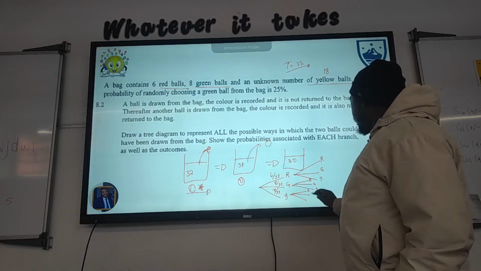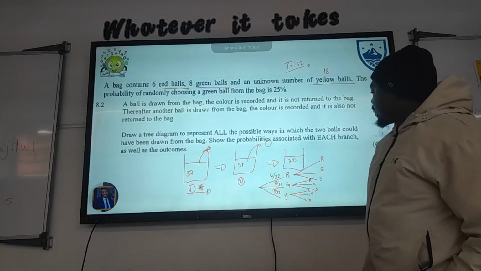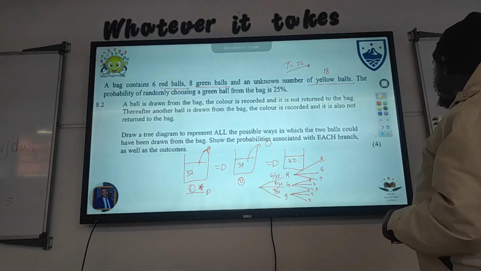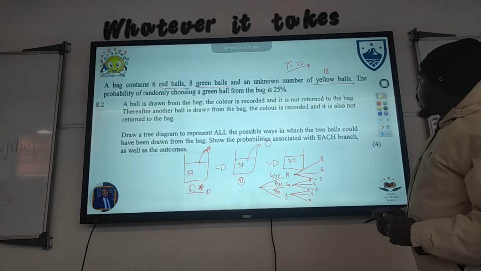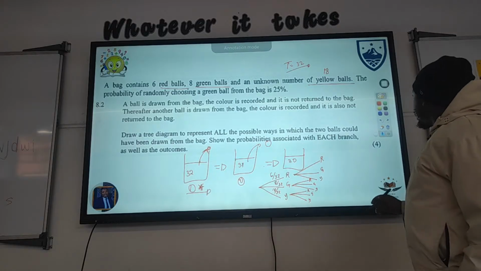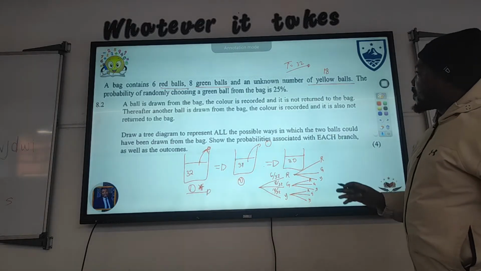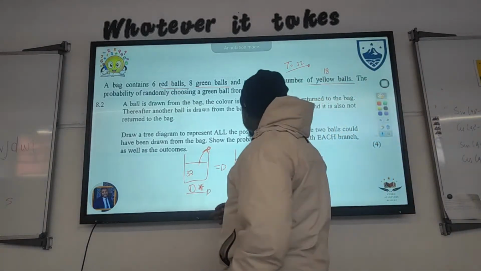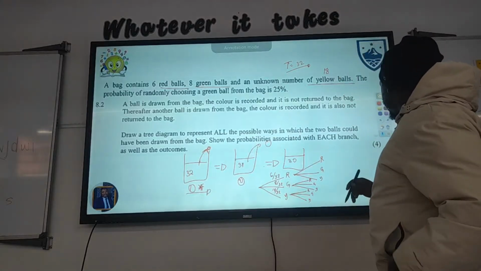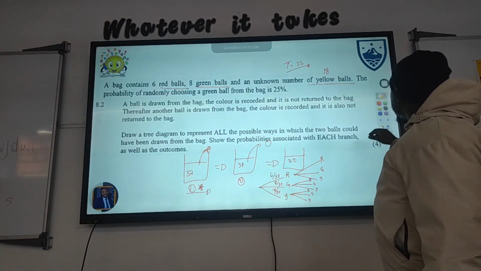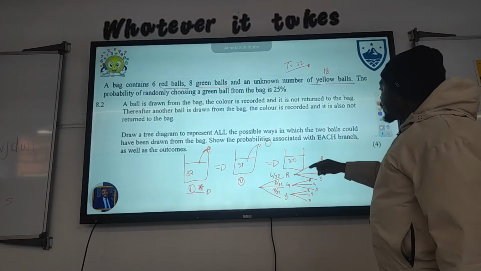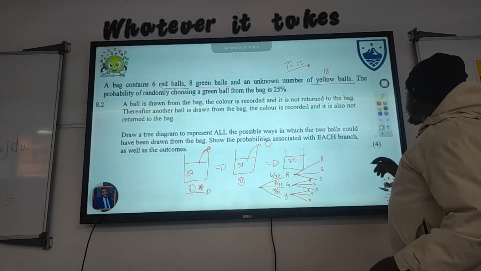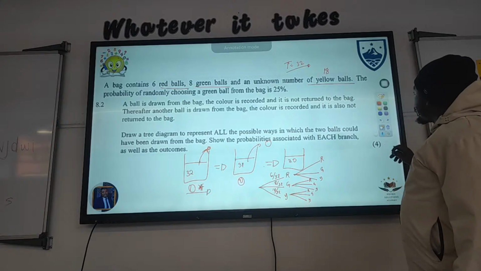Red, green, yellow. I hope that makes sense. And then let me find a bit of space so that people can actually see it. Let me erase this. But it will make sense to you.